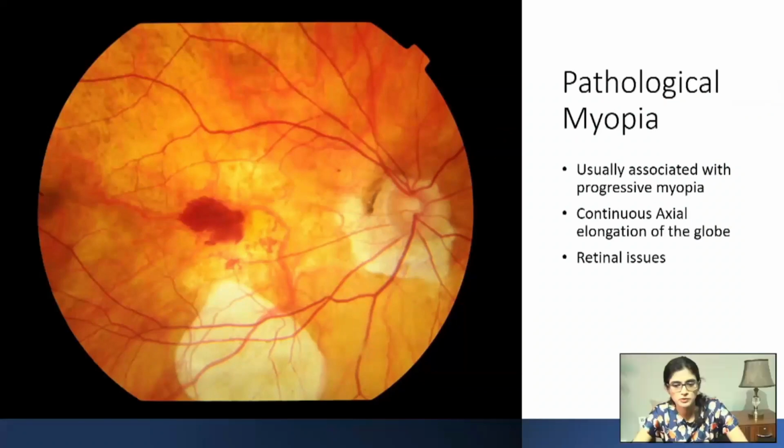Pathological one, it progresses a lot. So basically the globe elongates beyond the normal growth phase of the eye. The eye does grow during childhood and maybe early teenage years somewhat, but in these pathological myopias it continues to grow. Because of that, there is thinning of the retina and problems associated with the retina mainly.